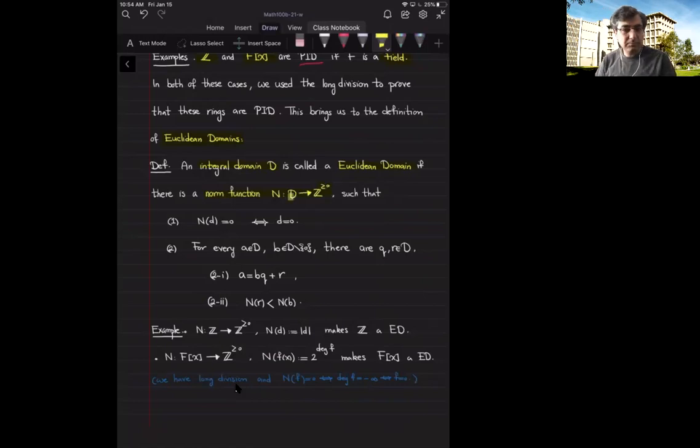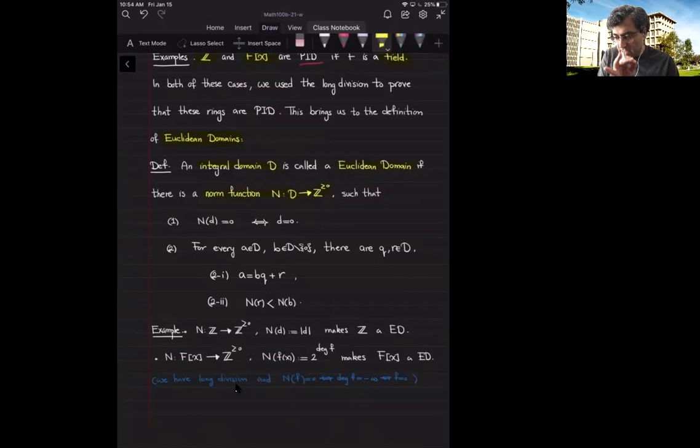What is a norm function? A norm function, at the moment, is a function, which we denote by capital N, from the integral domain D to the non-negative integers. It is important that the image is something discrete, which means the values are not connected to each other; they are separated from each other, countable and discrete. Let's focus and say it's just the non-negative integers.